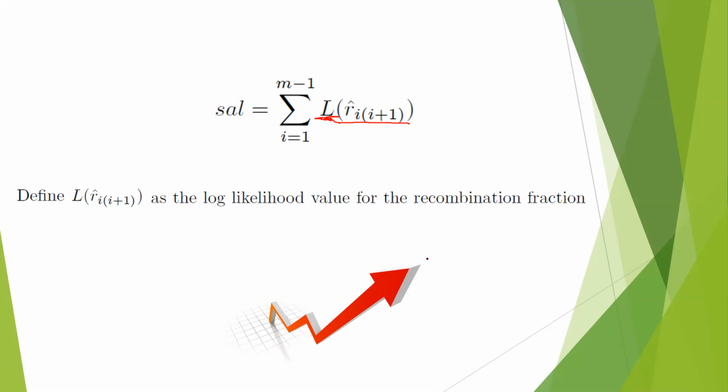The distance, the SAR, the sum of the adjacent R recombination frequency coefficients, gives you the right order with the minimum value of that SAR, right? But if you want to use the likelihood value as a criterion to find the right order, you always find the maximum of the SAL value. Does that make sense?